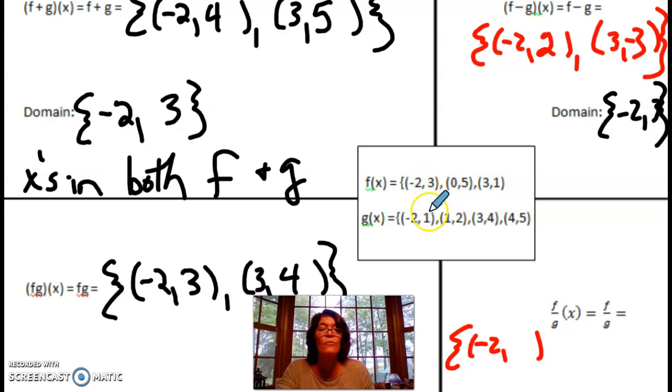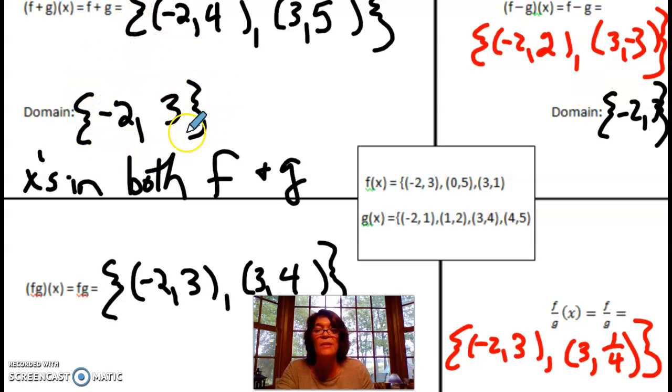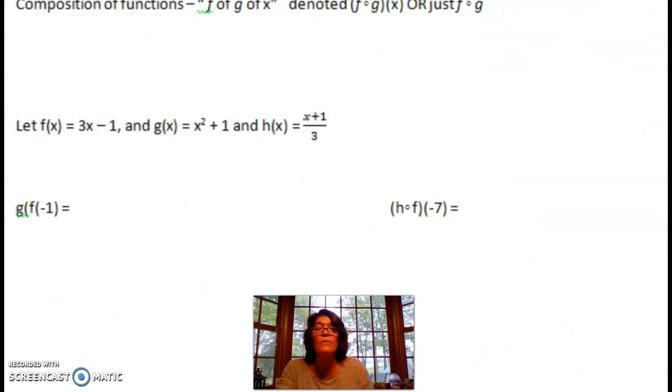Let's see, if I take 3 divided by 1, that's 3. And 1 divided by 4, I'm just going to write a 4th. That's what F divided by G is, okay? But notice what I mean by the domain is always the intersection. When it was all reals, the intersection of all reals is all reals. That was not a big deal.